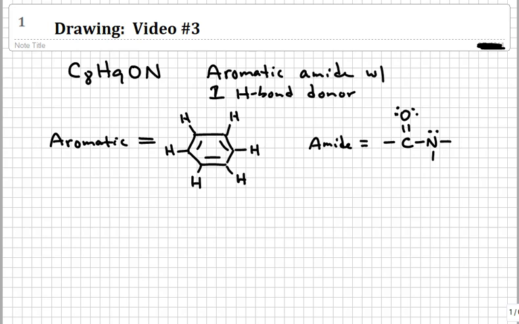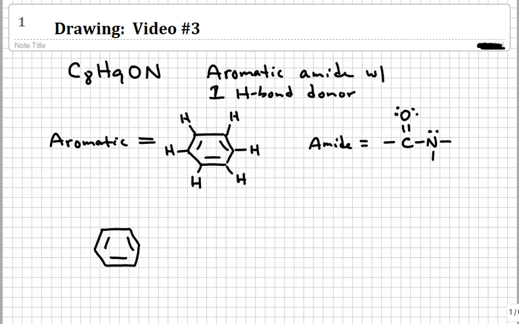So if it's me, I'm going to draw this ring first. Well, first of all, that's 6 carbons right there. When you have a lot of carbons, and not that many hydrogens, you should probably be thinking about benzene.